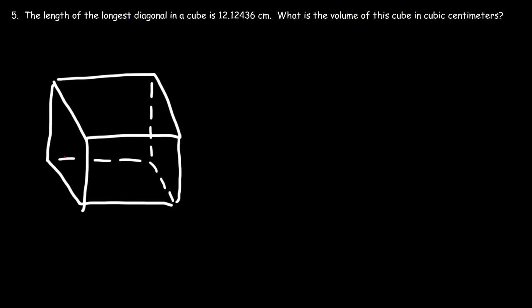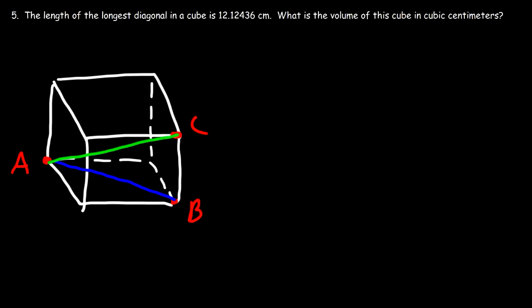So let's call this point A, B, and C. So the distance between A and B, that's one diagonal, and the distance between A and C is the longest diagonal, which is what we're trying to find.